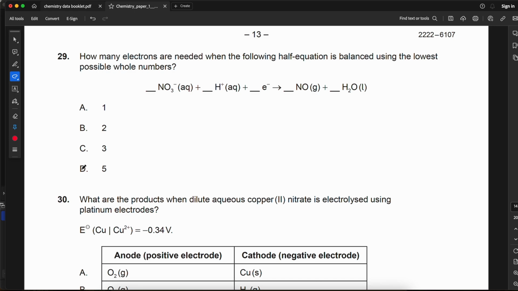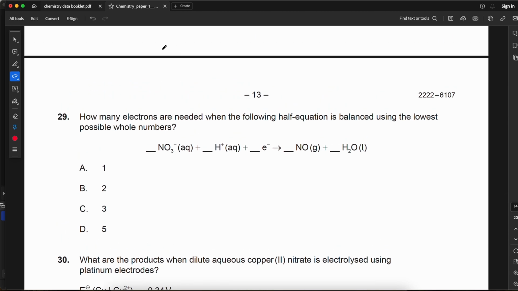How many electrons are needed when the following half equation is balanced using the lowest possible whole numbers? Okay, the first step, we need to write the half equation. So we have NO3 minus and NO. NO3 minus becomes NO. So N is equal, but oxygen is not. So the next step, we need to balance the number of oxygen by adding H2O.